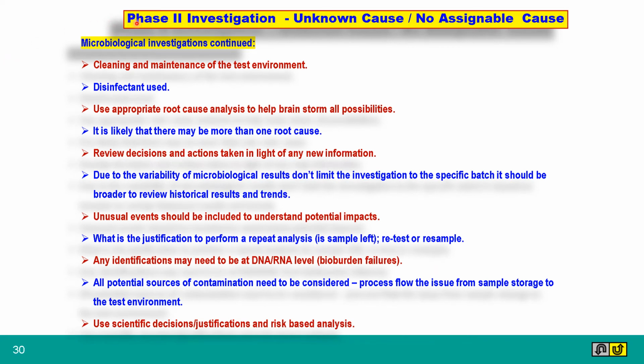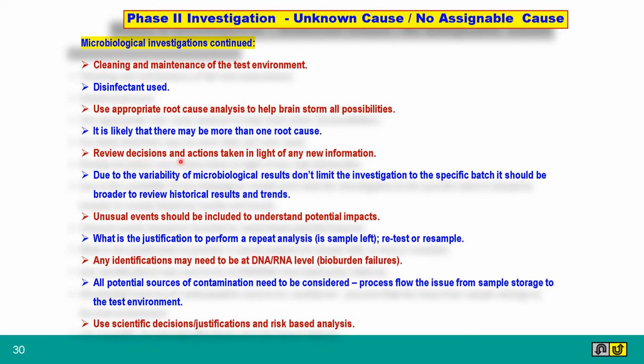Phase 2 investigation, unknown cause / no assignable cause. Microbiological investigations continued. Cleaning and maintenance of the test environment. Disinfectant used. Use appropriate root cause analysis to help brainstorm all possibilities. It is likely that there may be more than one root cause.